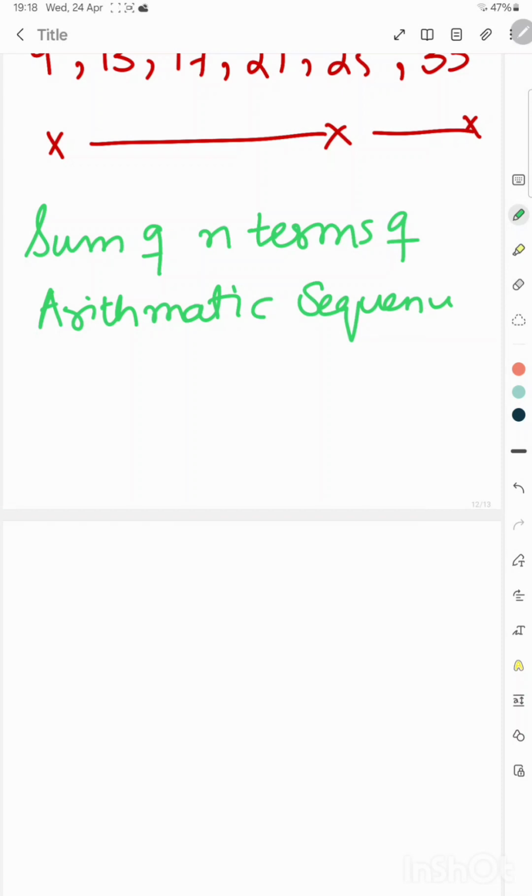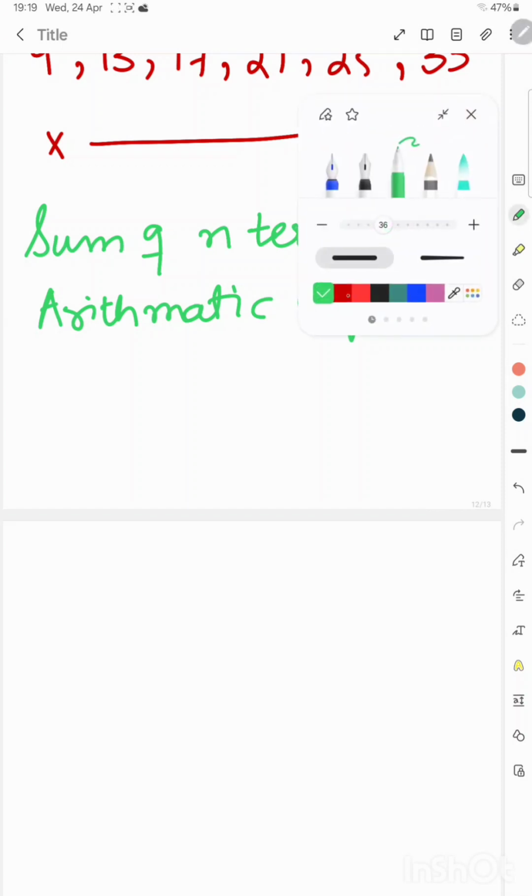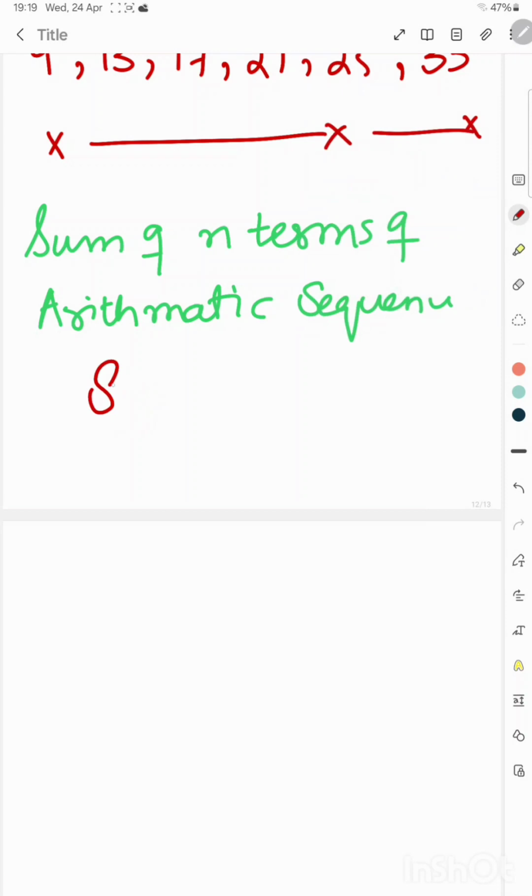Here, a formula will always be used for solving these types of questions, and the formula which we will use is Sn is equal to n by 2 (a1 plus an).